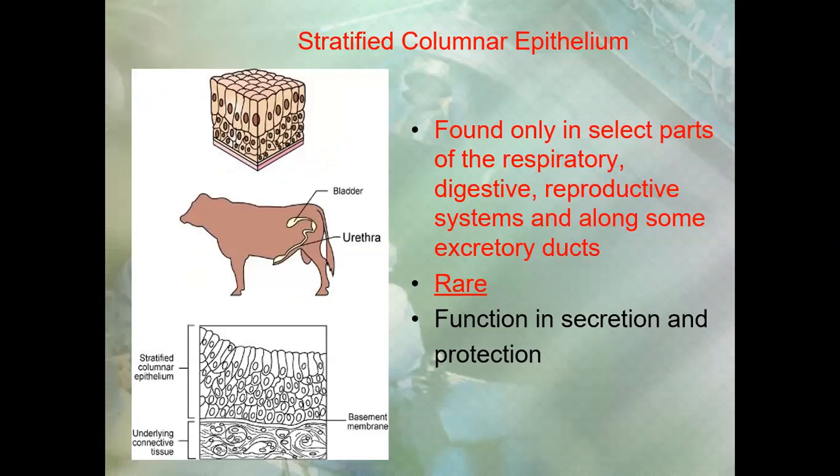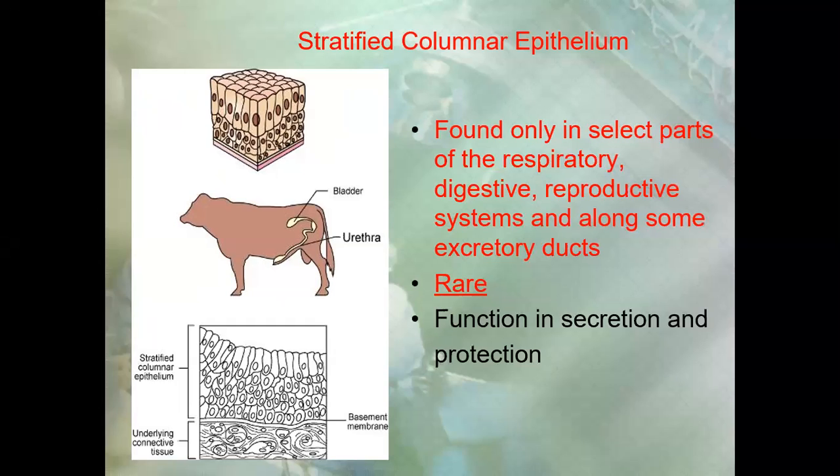Stratified columnar, quite frankly, are just very, very rare. We do see them in some configurations in our bovine. In the reproductive system, we really still stuff.